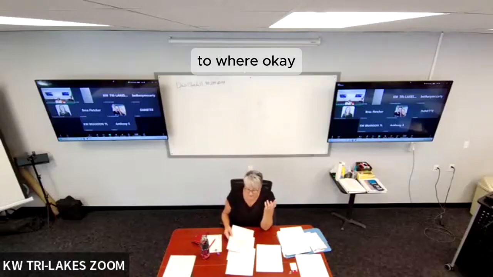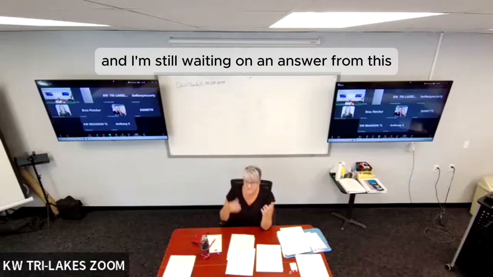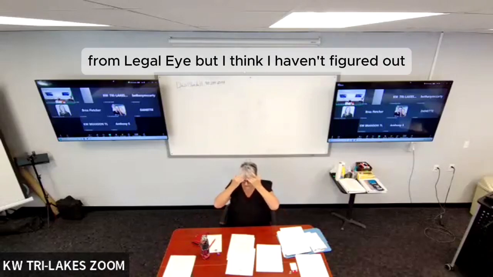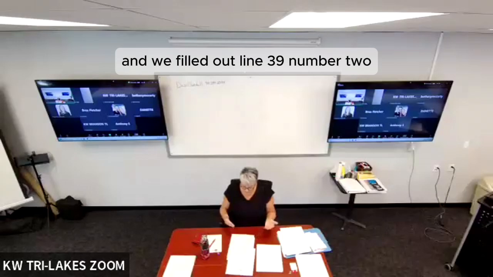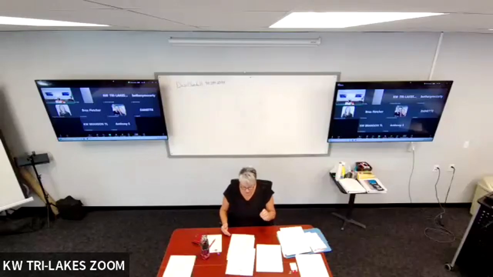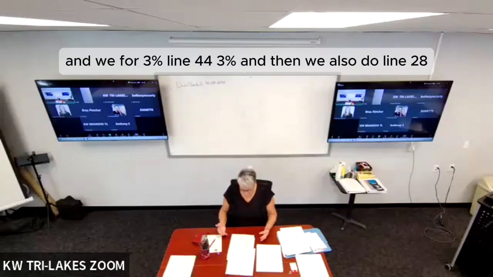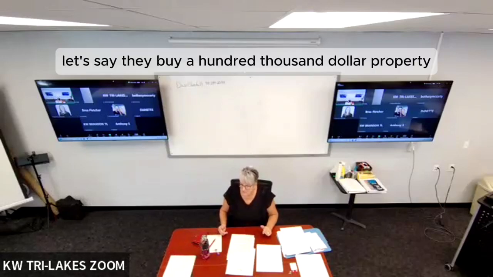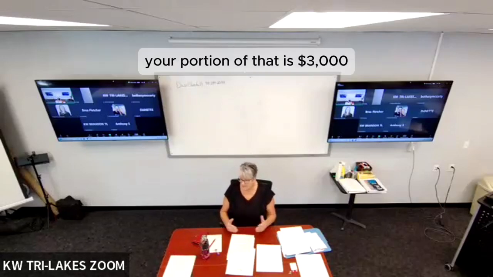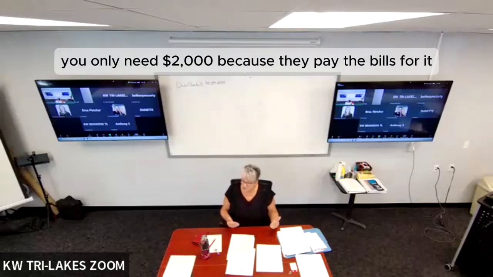I'm still waiting on an answer from Legal Line, but I think I have it figured out. So let's say you have a buyer's agreement here and we filled out line 39, number 2, and it's for 3%. Line 44, 3%. And then we also do line 28 and we're going to charge $1,000. So let's say they buy a $100,000 property. Your portion of that is $3,000. Well, now you only need $2,000 because they paid the $1,000. Right.